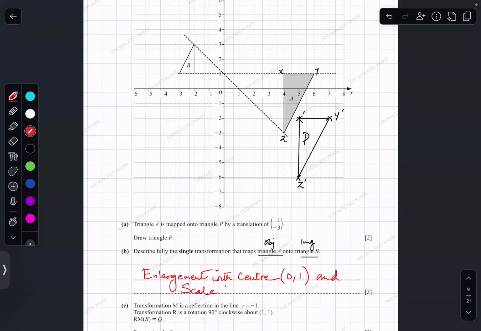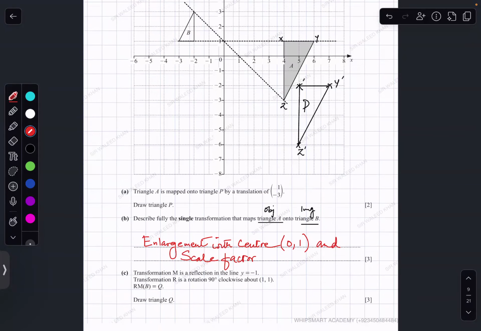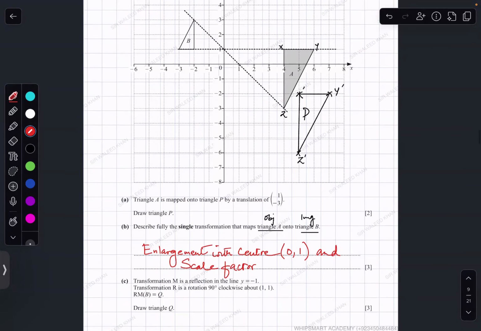Resizing is another word for that. So, how will the scale factor be found? Image or object, length, dimension, any corresponding sides should be taken. So, scale factor will be image length over object length.